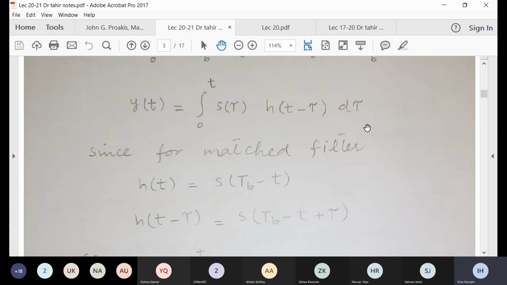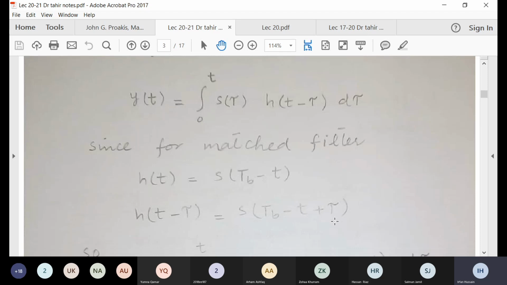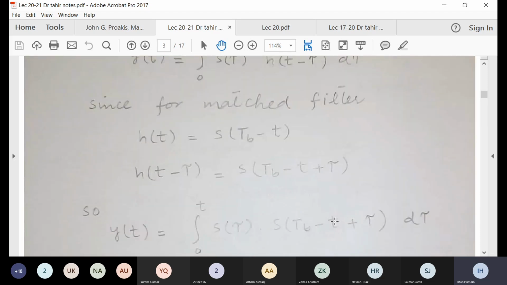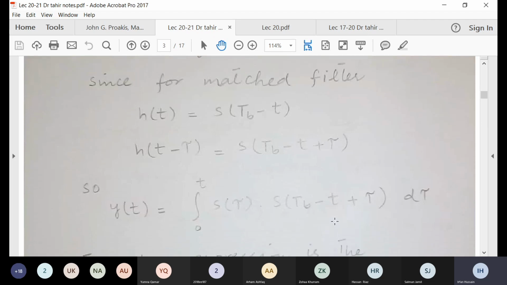So again, h of t is s of tb minus t. So what will be h of t minus tau? If t becomes minus t, so t minus tau will totally become minus. It will become minus t plus tau, and you know, tb was sampled.